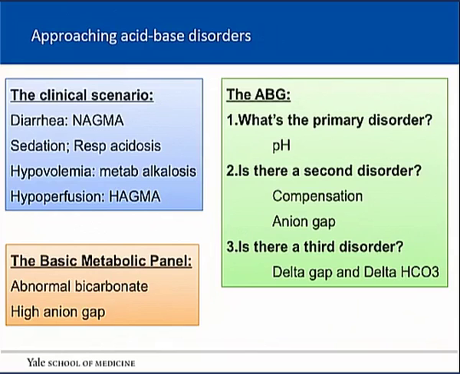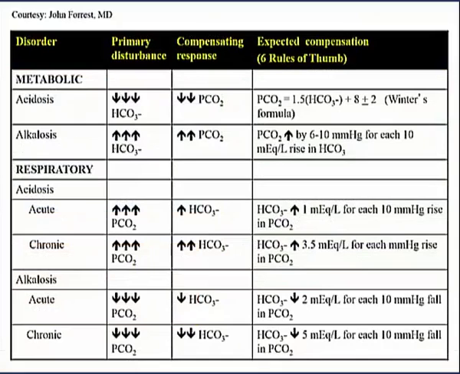The first way you do that is by evaluating the compensation. And that's what this slide gives you. It gives you what the expected compensations are for someone who has different metabolic and respiratory disorders. So you don't have to keep this in your mind, but you need to know that they exist, so that you can calculate how much of what you're observing in terms of compensation is appropriate or not.